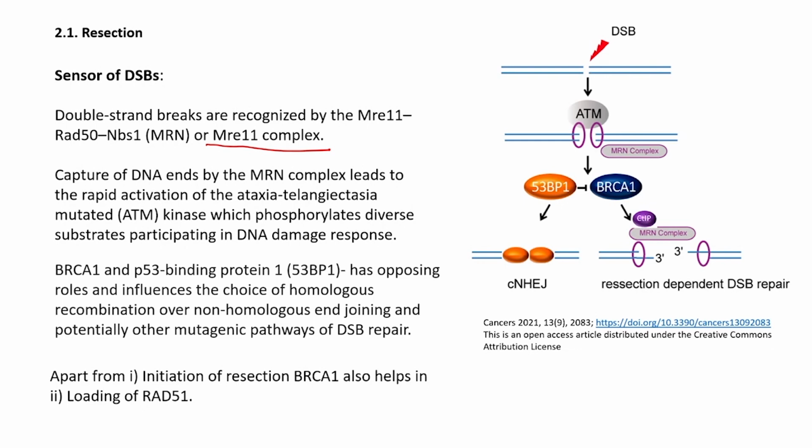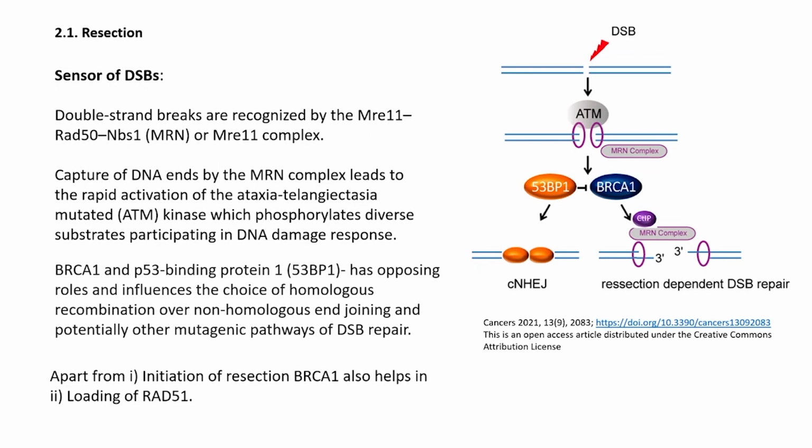BRCA1 and p53 binding protein 1, 53BP1, here you can see this, have opposing roles and influence the choice of homologous recombination over non-homologous end joining and potentially other mutagenic pathways of DSB repair.